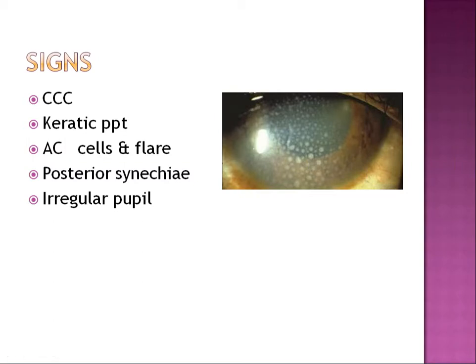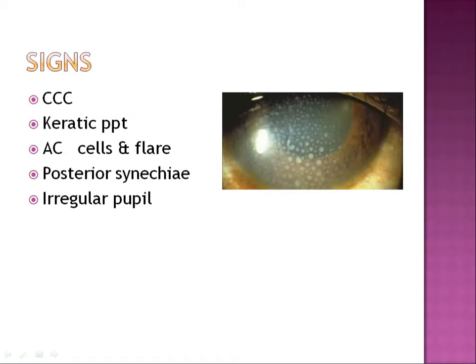Are you able to hear me? What are these round big KPs that you're seeing here? What do you call them? See, at least one of you has to answer so that we can move on.